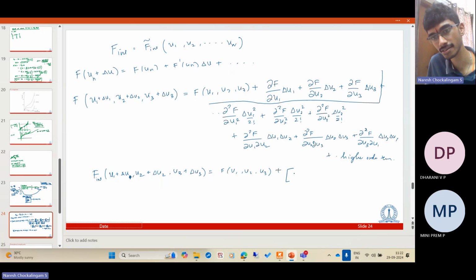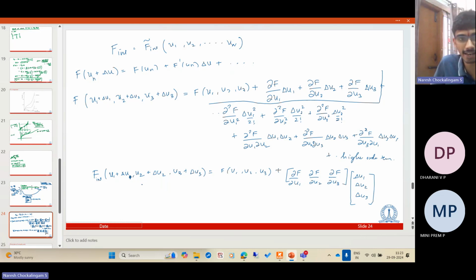You can write this in matrix form, as a product of a row matrix and a column matrix. You'll get something like this.